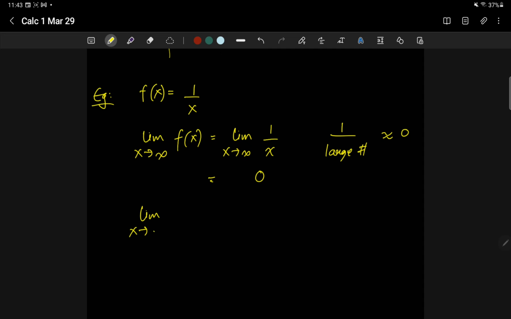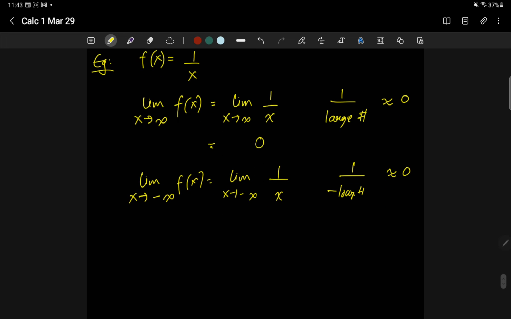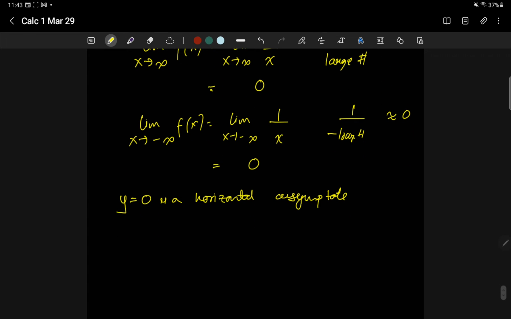The limit as x goes to negative infinity of 1 over x is 1 over a negative large number, so it's close to 0 again, but from the negative side. So this gives us that y equals 0 is a horizontal asymptote. And in this case, it's a horizontal asymptote on both sides.